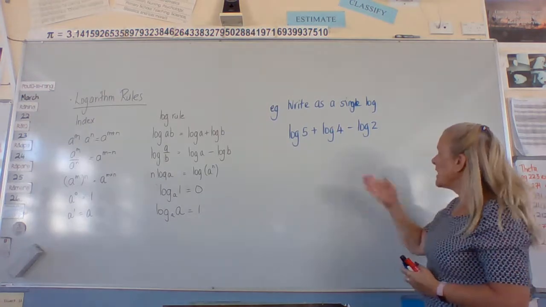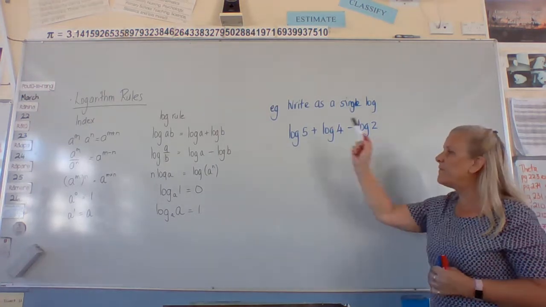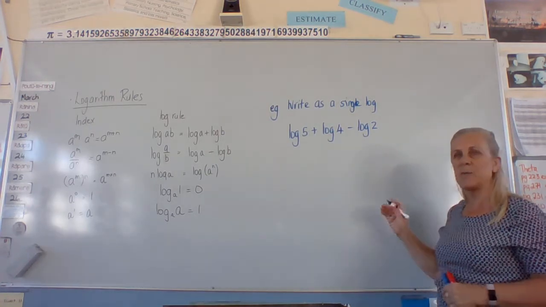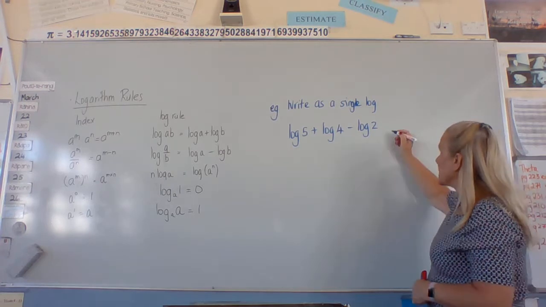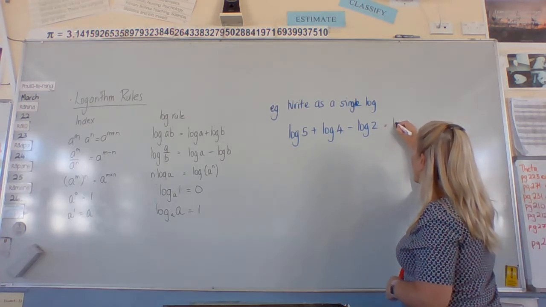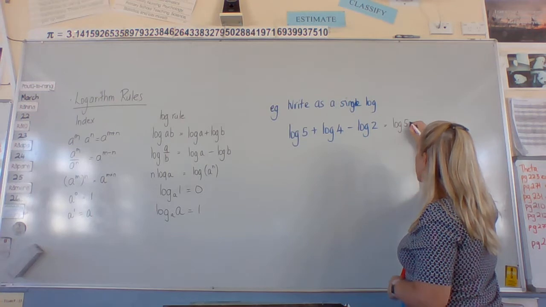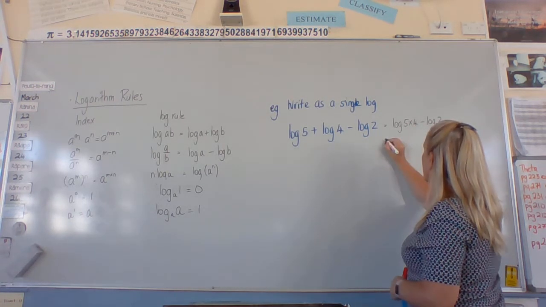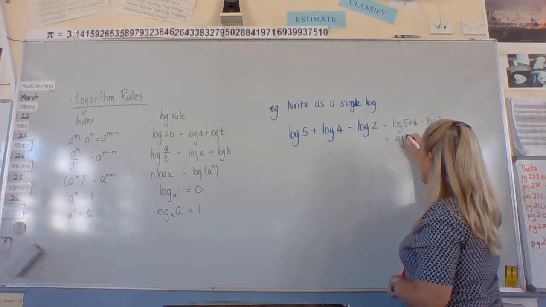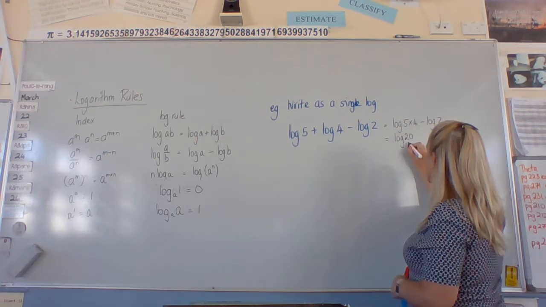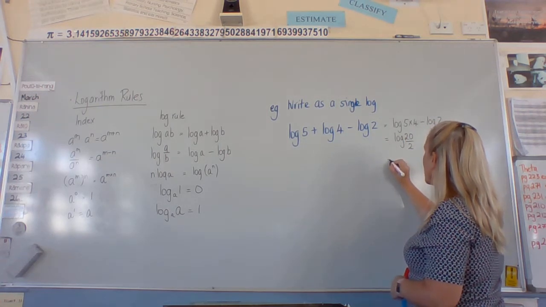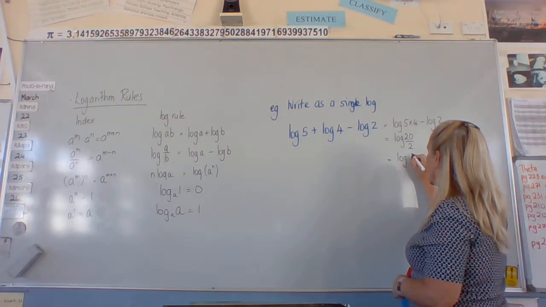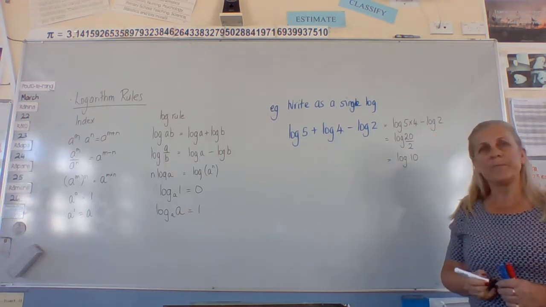All right, so that looks really revolting, but if we follow the rules and know in big maths we do it from left to right, then we get log of 5 times 4 minus log of 2 equals log of 20. The minus becomes divided by 2, so it is equal to log 10.